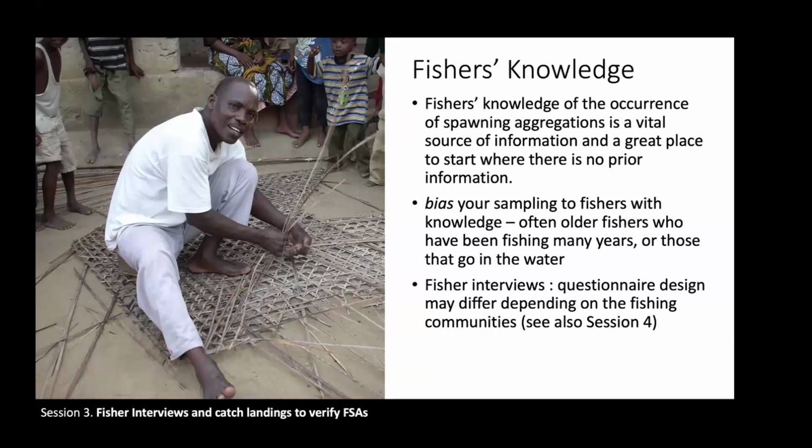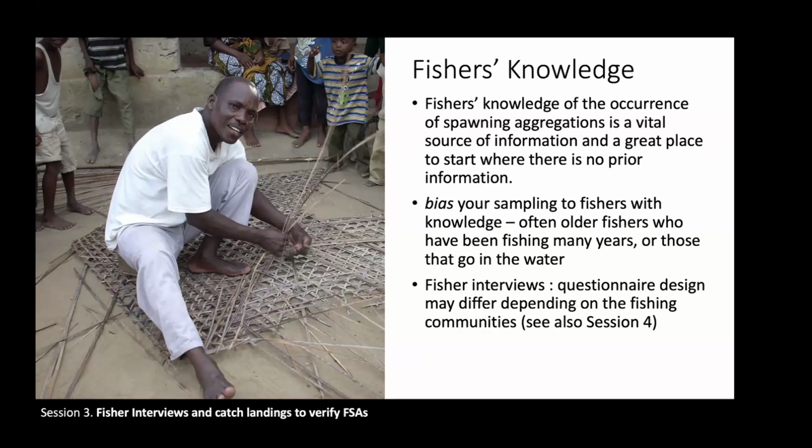I've sometimes had difficulty conveying that to my teams in Kenya, because we actually want key informants. We want, say, the elder fishers who have more experience, more years, and therefore more knowledge. That's fine. It doesn't mean the questionnaire is being biased.